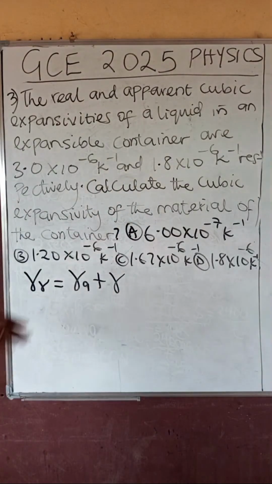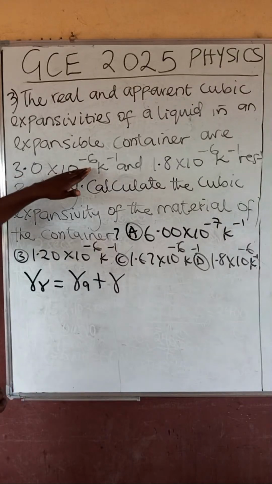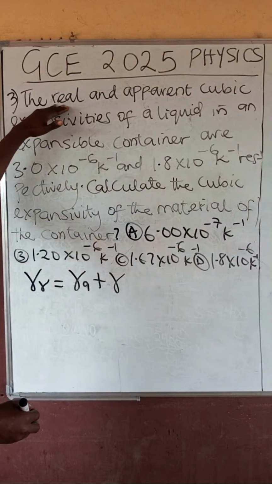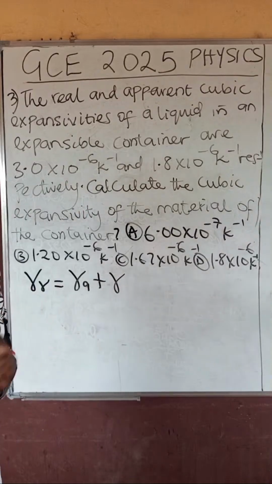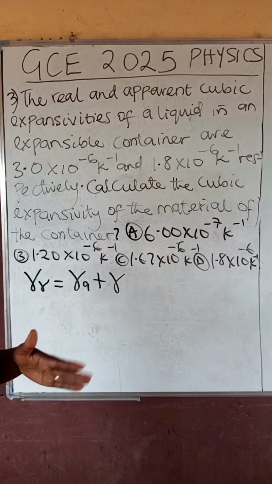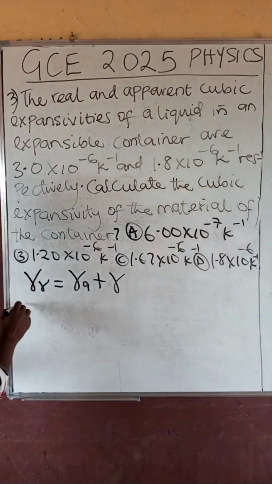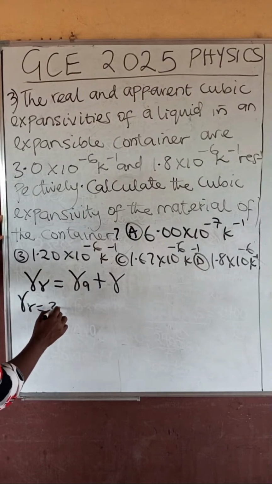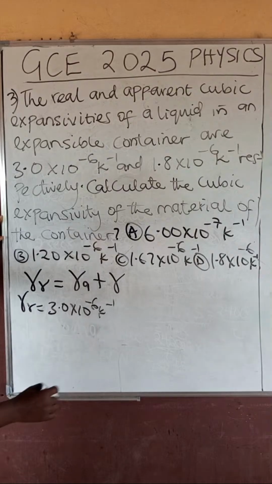Now, we are going to use that to solve. In the question, we are given the real cubic expansivity to be 3.0 times 10 raised to power minus 6. If you hear respectively, it means the real cubic expansivity is this, while the apparent cubic expansivity is this, because they correspond to each other. That is what the word respectively means. So the real cubic expansivity is 3.0 times 10 raised to power minus 6 per Kelvin.